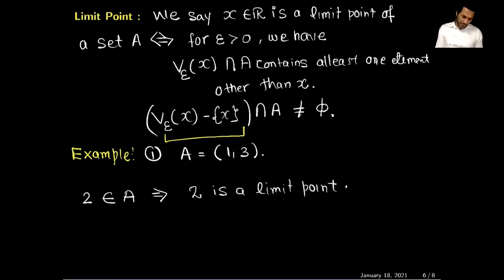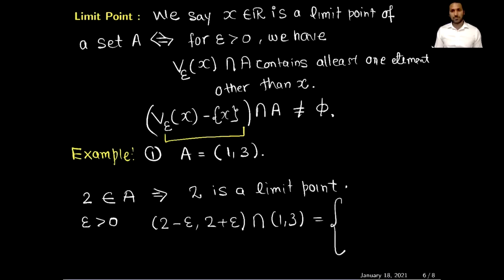To prove this, I pick an arbitrary epsilon strictly positive, and take the neighborhood of 2, which is 2 minus epsilon and 2 plus epsilon. If I take the intersection with the interval 1 comma 3, that intersection must be non-empty.